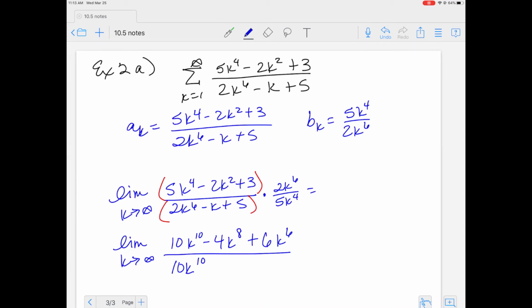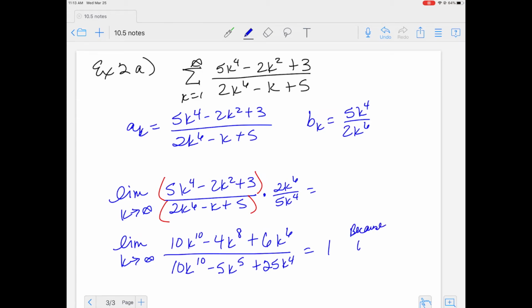Like bases, you add the exponents. That's 10k to the 10th up there. Minus 5k to the 5th plus 25k to the 4th. When you take your limits, you're taking that lead behavior because these are the same. Then I take the coefficients. 10 over 10 in this instance is equal to 1.